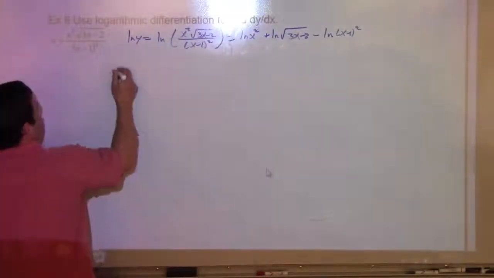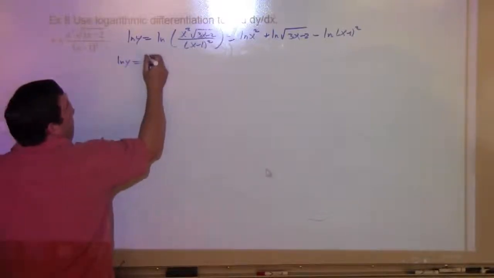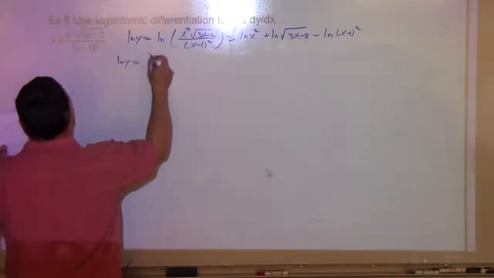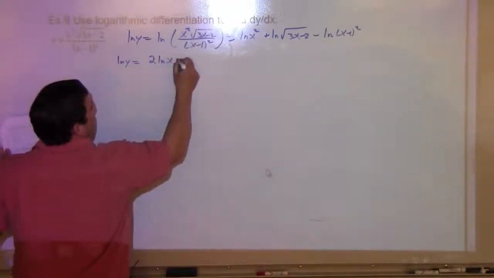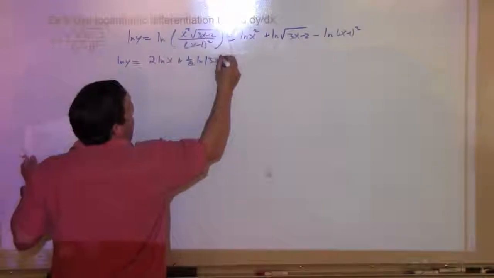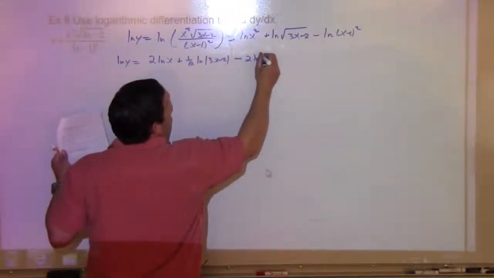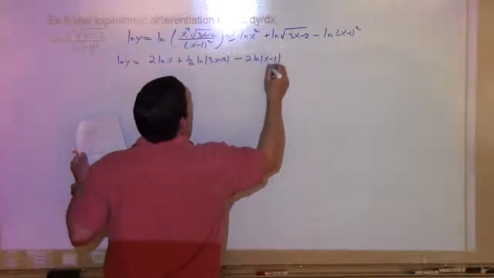And you can take that a step further: the natural log of y would be 2 natural log of x plus 1/2 natural log of 3x minus 2 minus 2 natural log of quantity x minus 1.